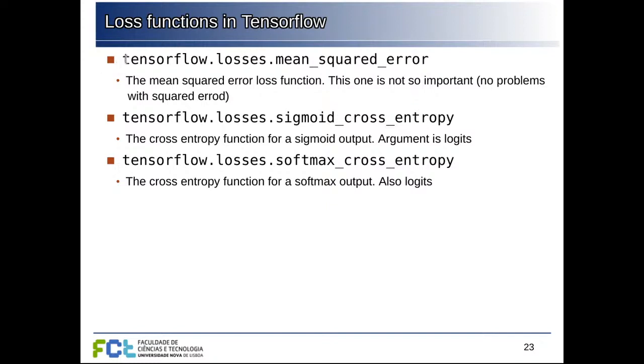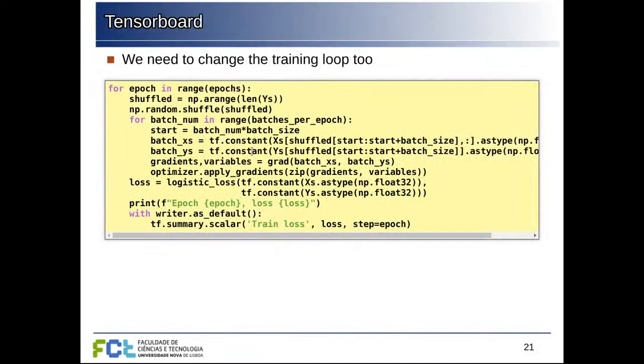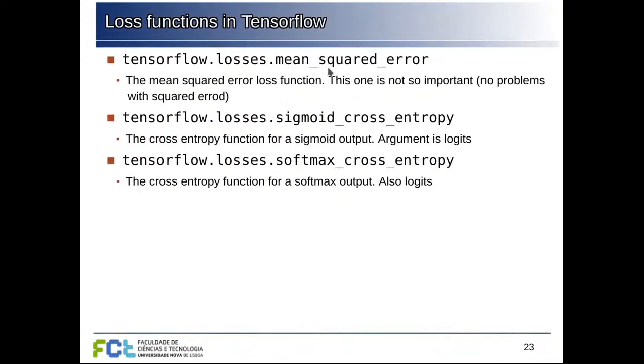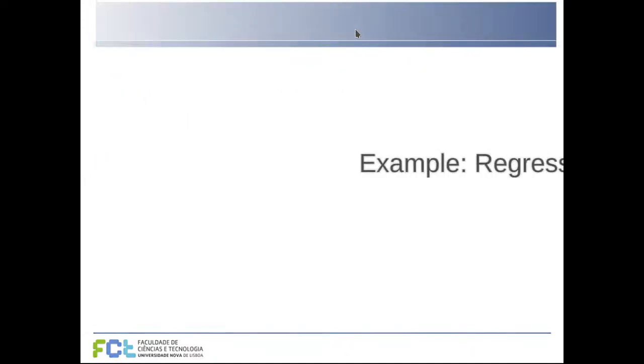I think this may be deprecated already or close to, because some of these were moved to Keras, but you can use them also from this neural networks module. You can find these ones there. But in any case, for the mean squared error it is not a problem, because mean squared error has no stability issues. But for the sigmoid and the softmax cross entropy, use the functions available in TensorFlow. Otherwise, you risk having these kinds of issues and getting those overflow problems.